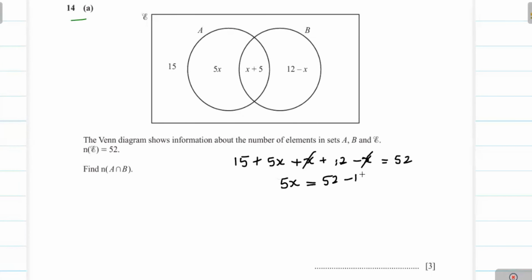Therefore, n of A intersection B, the number of elements in the intersection here, is x plus 5. Therefore, we can write 5 plus 5, that's equal to 10, and the 10 is the answer.